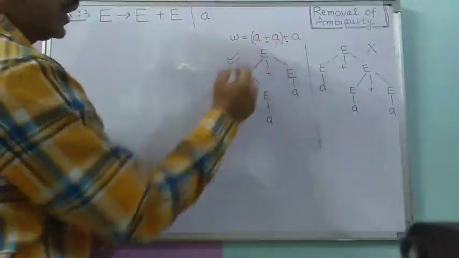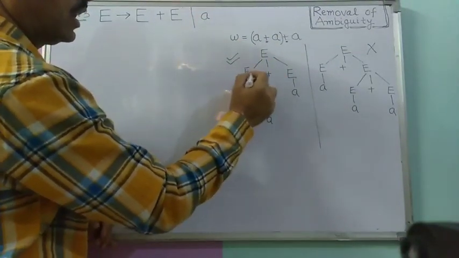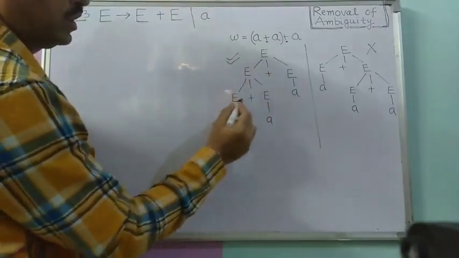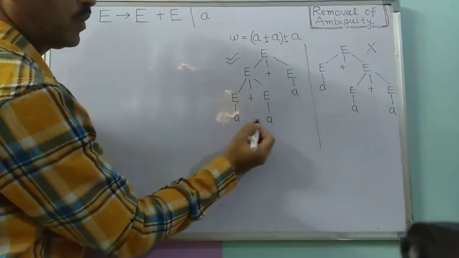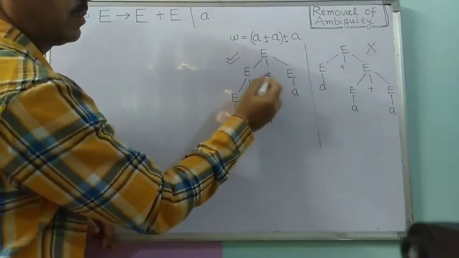How is this reflecting it? For performing this plus, we need the answer of this expression, and to get the answer of this expression, we need to perform this plus. So first of all, this a plus a will be performed, its result will come here, and then to this result, this a will be added.